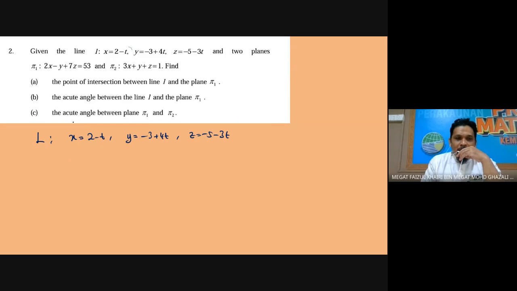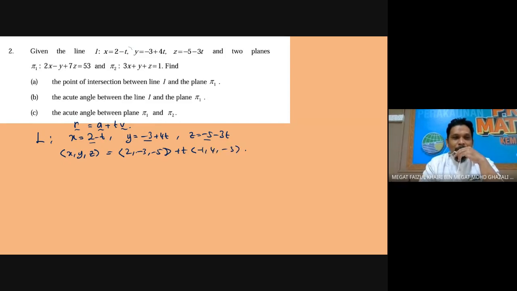If you would like to write it in the form r equals a plus tv, where r is x, y, z, equal to a, 2, negative 3, and negative 5, plus t times v, we have negative 1, 4, and negative 3.